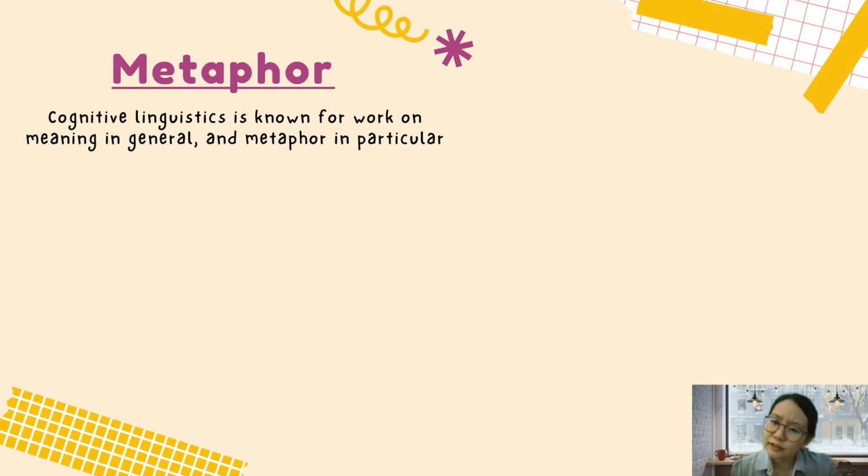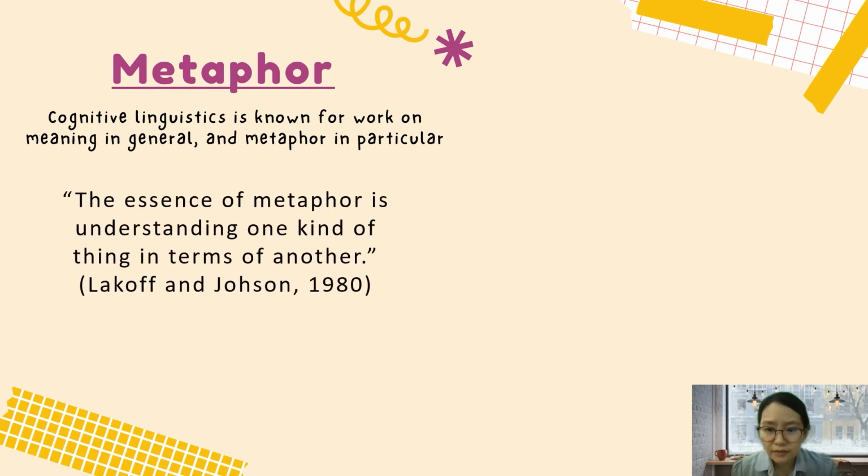The cognitive approach holds that the essence of metaphor is understanding one kind of thing in terms of another. Metaphor is not just a matter of words, it's a cognitive thing. It's a way of seeing the world, of understanding complex things in terms of simpler things that we can relate to.